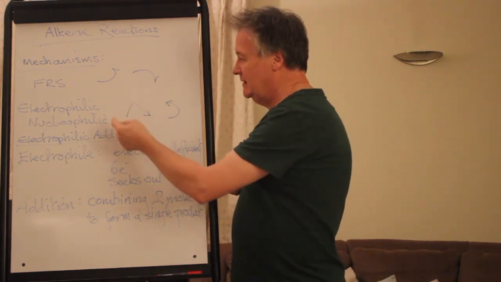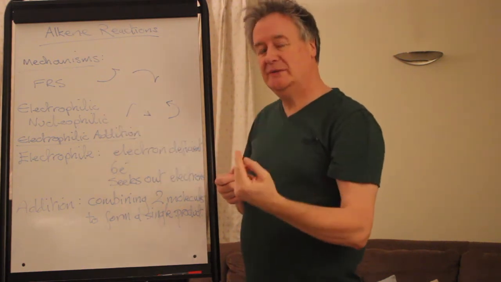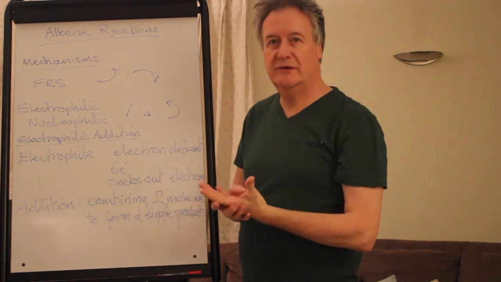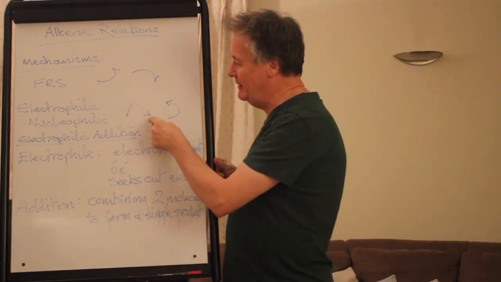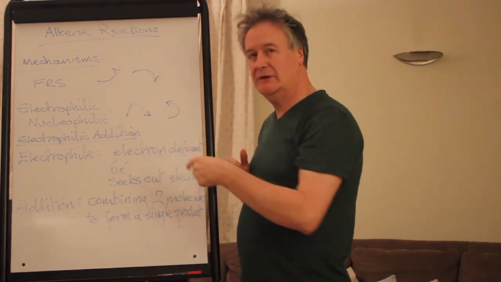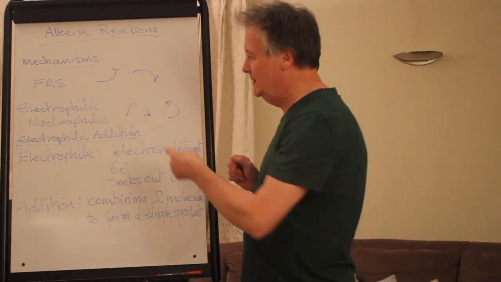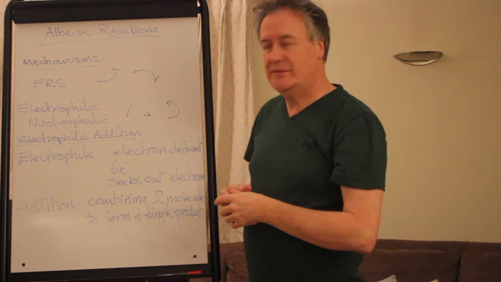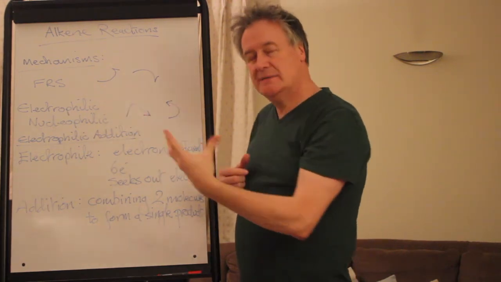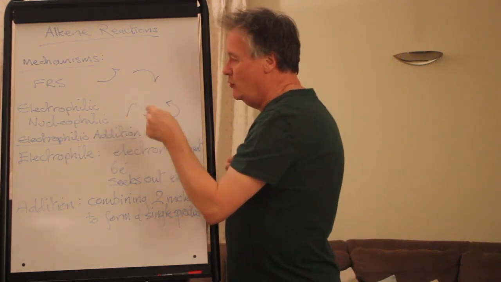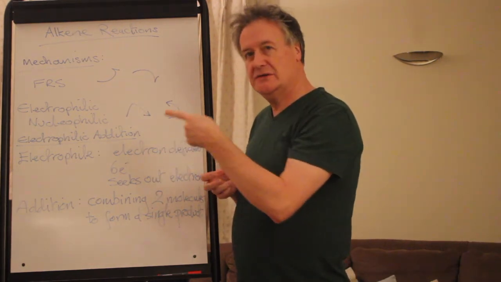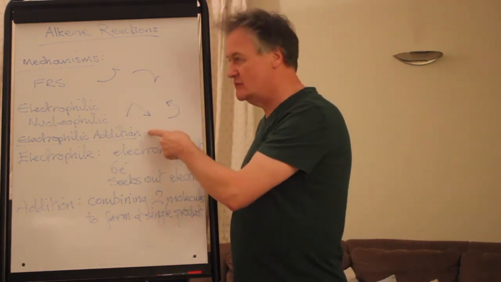So seeking negative, seeking positive. And you're going to do that with a pair of electrons, so this makes the whole reaction set very different in the way it works. A pair of electrons has a double-headed arrow to represent the two electrons. So these two words are going to be in your mechanisms. We're going to focus on the type of reaction for alkenes, which is electrophilic addition.